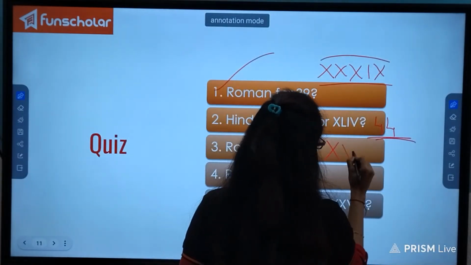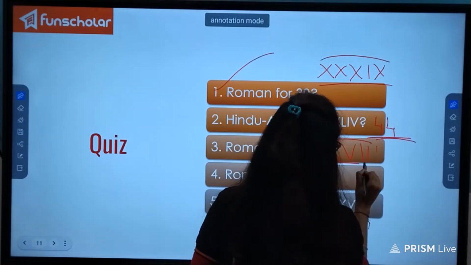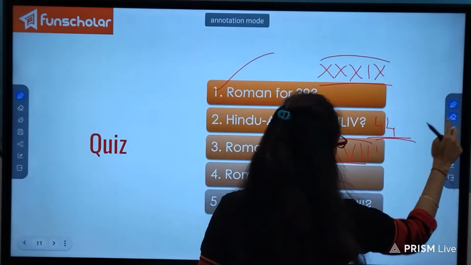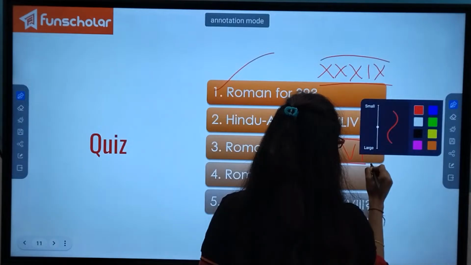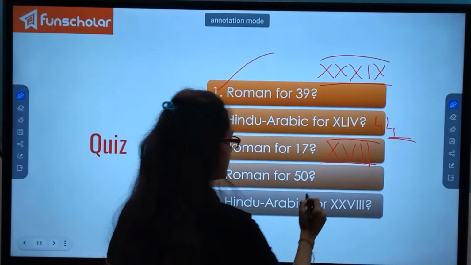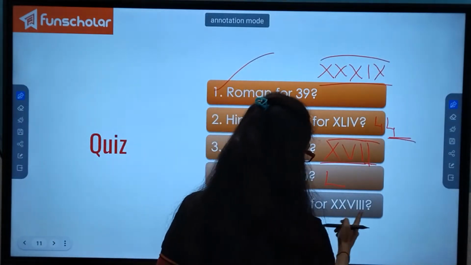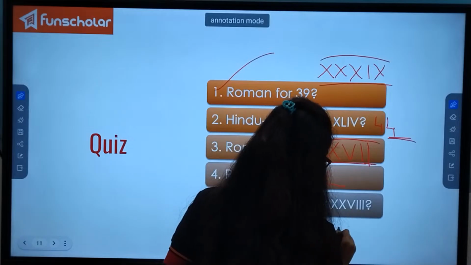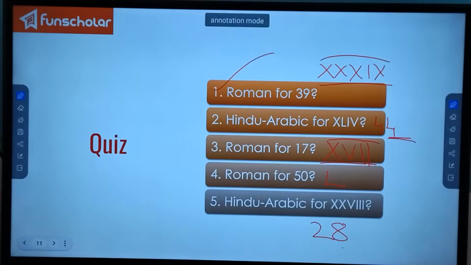X represents 10, V is 5, II is 2, 10 plus 5 plus 2 is 17. Done. Roman numeral for 50, L. Hindu-Arabic for XXVIII: this is 20 and 8. Clear? 20 and 8. Clear?